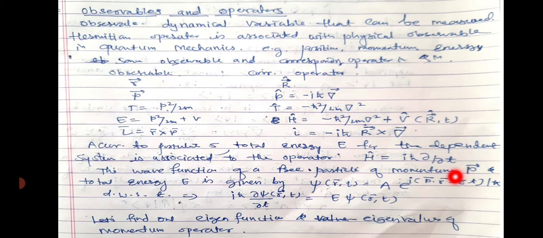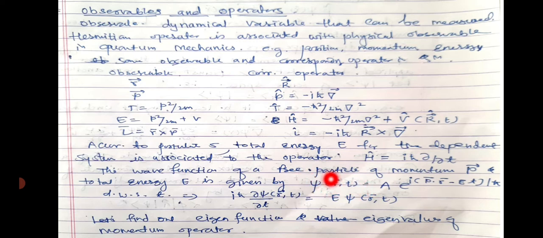The wave function of a free particle of momentum p is given by this equation: psi of r, t is equal to A, the normalization constant, into e raised to i times p dot r minus E t, divided by h cross. Here p is the momentum, r is the position, and E is the energy. If we differentiate this with respect to time, we get i h cross del psi by del t, that is, the derivative of the wave function with respect to time, is equal to E into psi of r, t.